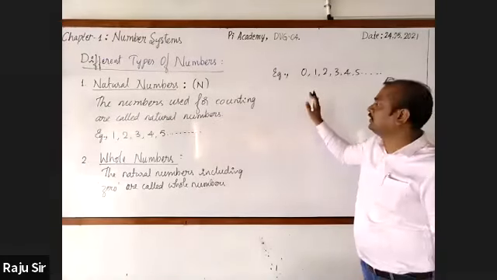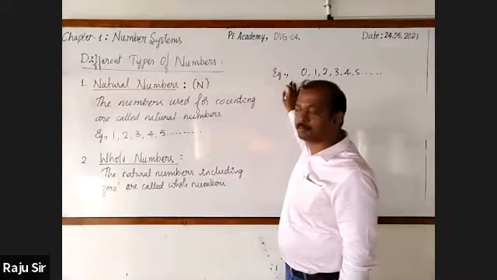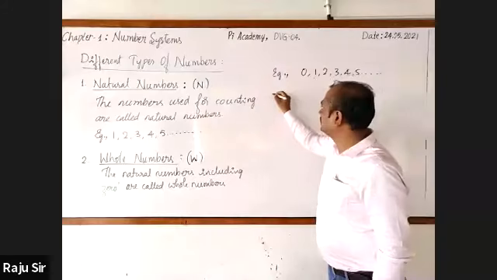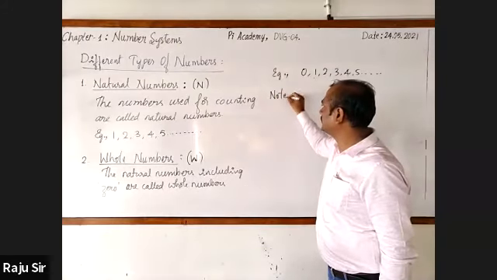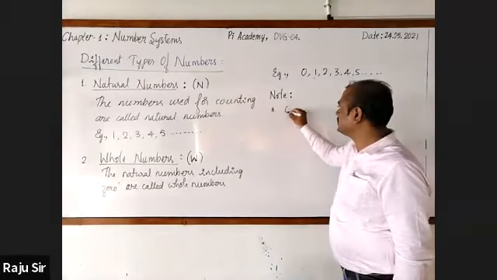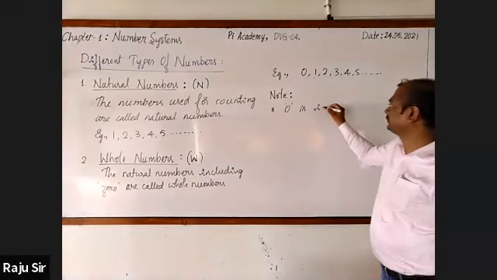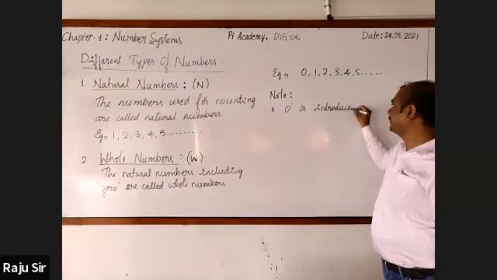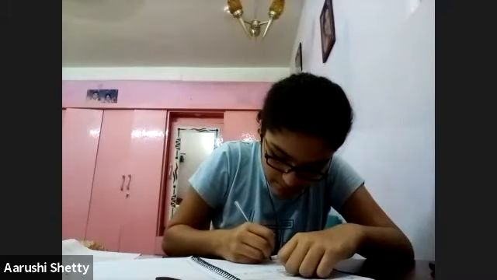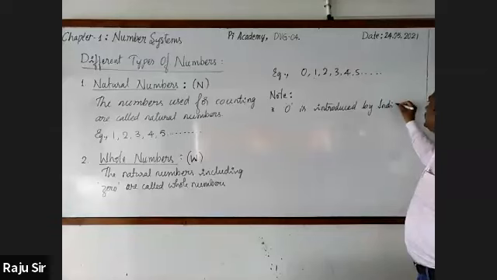Okay. Now, the collection of whole numbers is denoted by the symbol, that is, capital letter W. Next, students, just below this, write note, 2 points. 0 is introduced by Aryabhatta, the Indian mathematician.